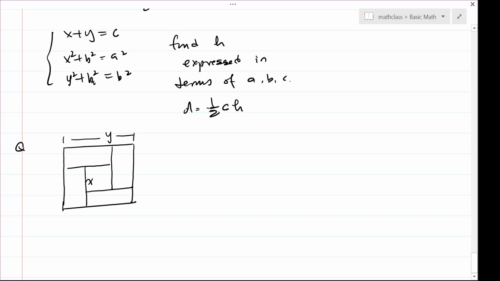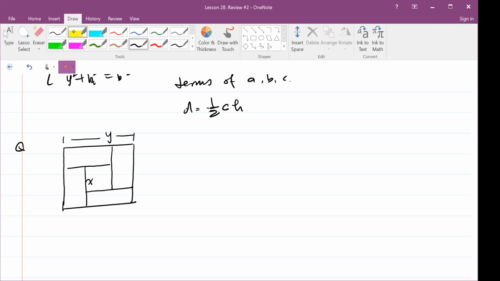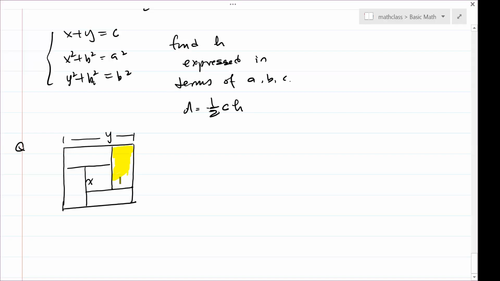This figure shows a square of side y units divided into a square of side x units and 4 congruent rectangles. What is the perimeter, in units, of one of the 4 congruent rectangles? We are going to find out the perimeter of this.